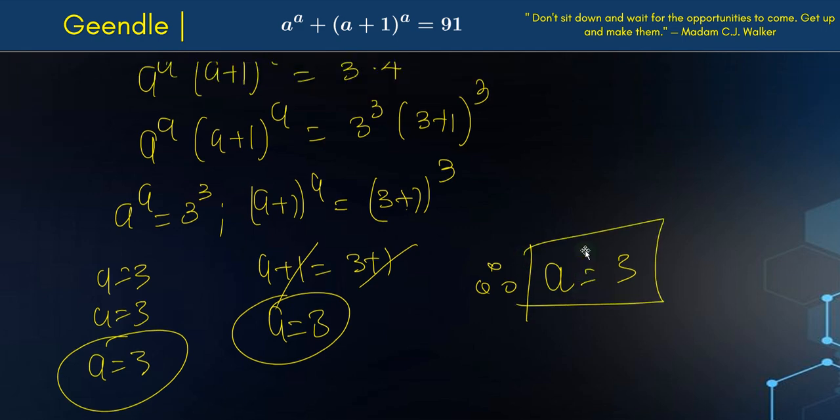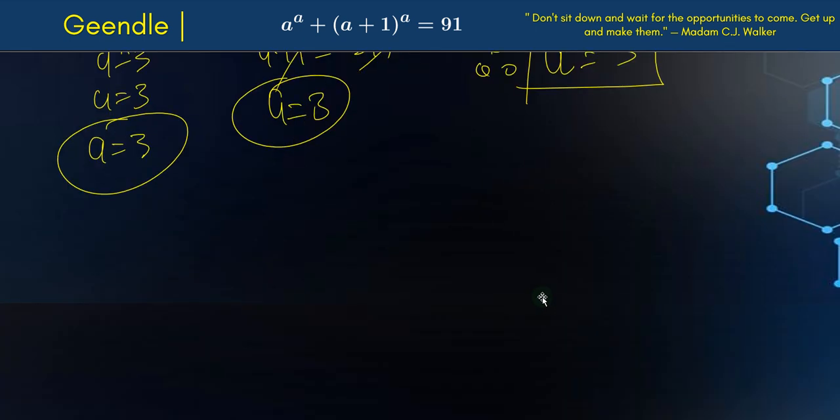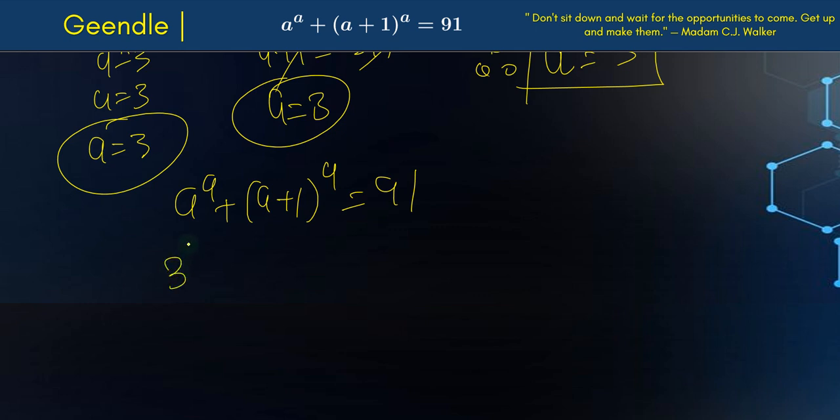Okay? And actually, we can check our solution, guys, applying it in our equation, which is right here, a to the a plus (a plus 1) to the a equals 91. So we're going to have then a is 3. This is then 3 to the power of 3 plus (3 plus 1) to the power of 3.